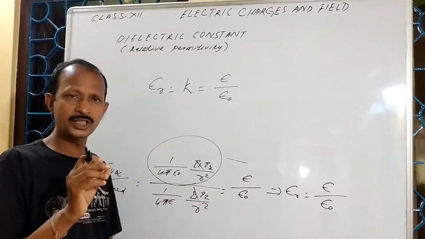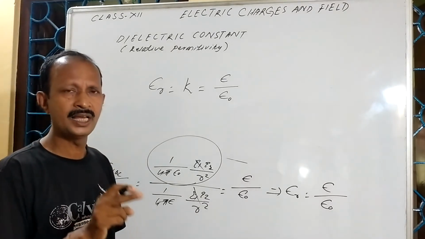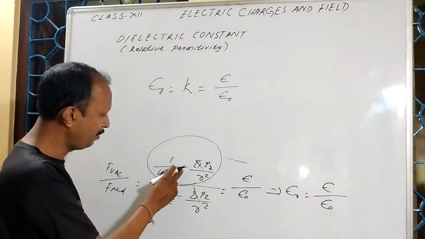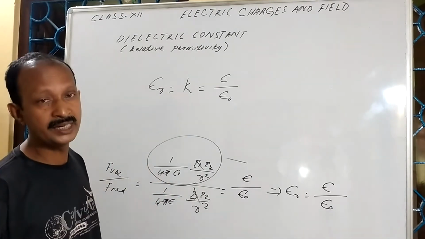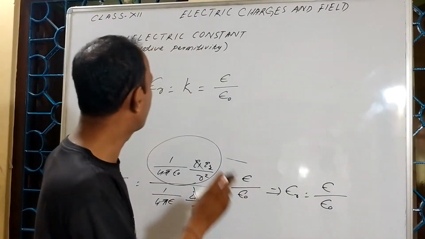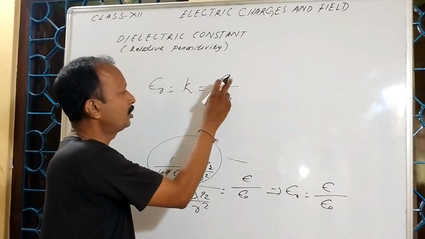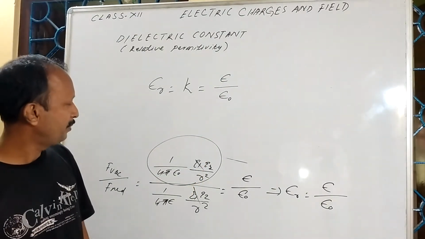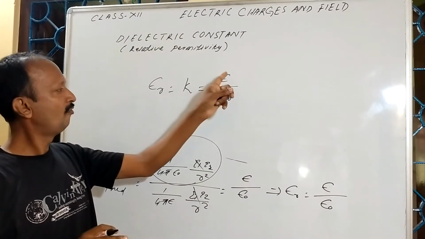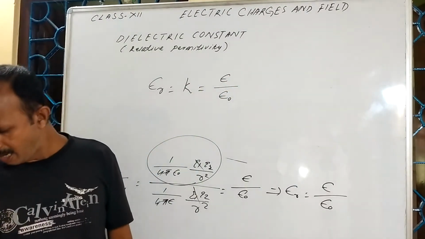It is the ratio between force when the two charged particles are present in a vacuum to the force when the two charged particles are present in a medium, or I can write dielectric constant is equal to epsilon divided by epsilon naught.